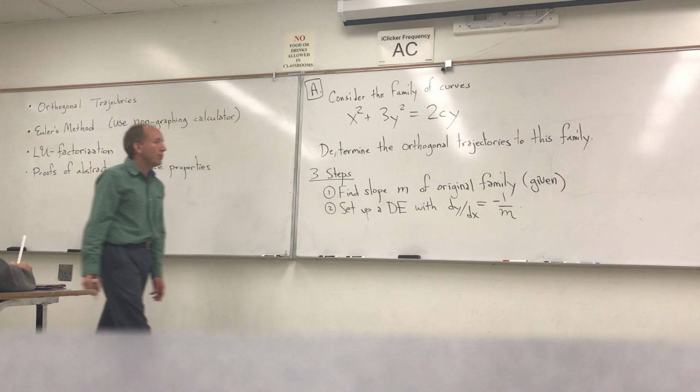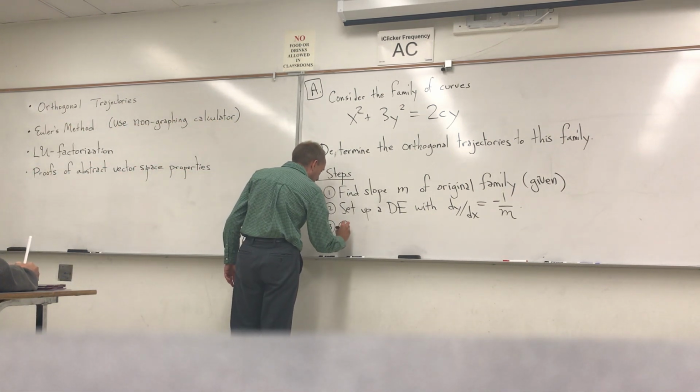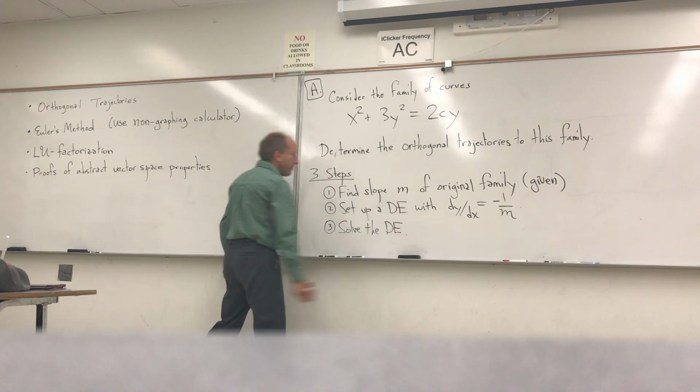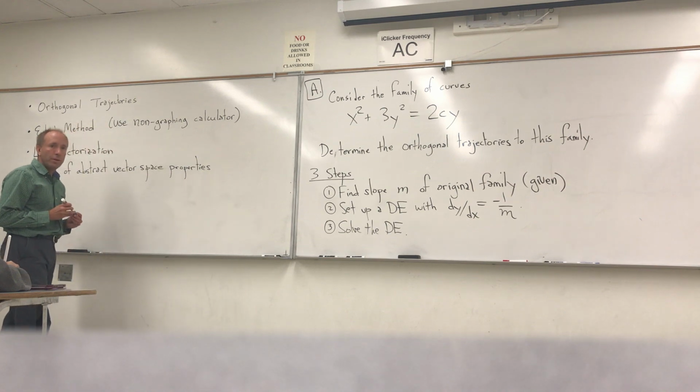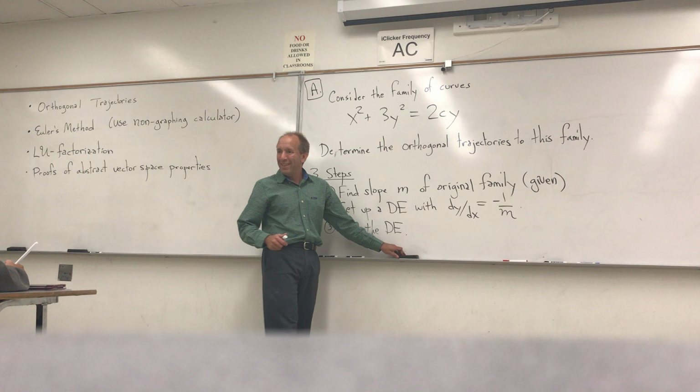So that's the negative reciprocal of the slope of the original family. And then the third step is going to be to solve the DE. So this is going to be the approach here. Okay, so far, so good.